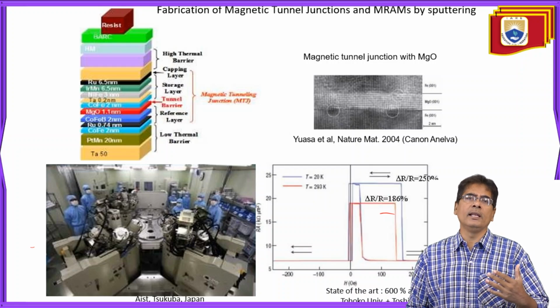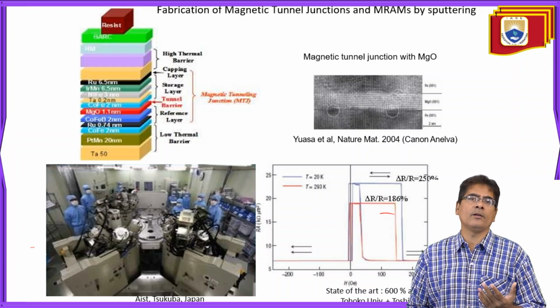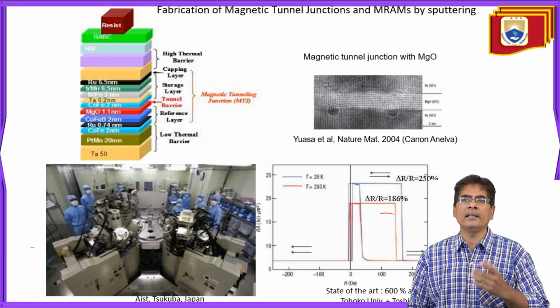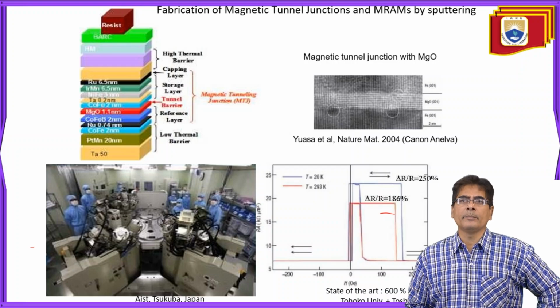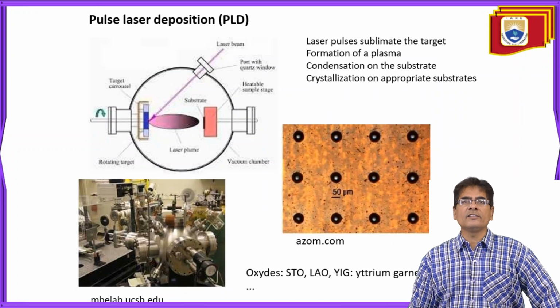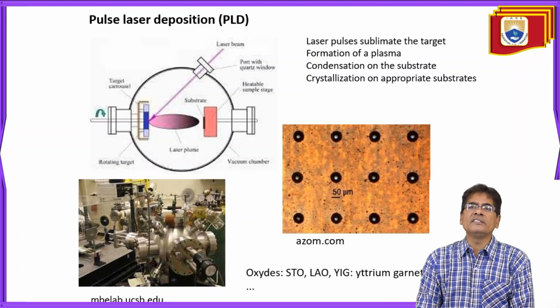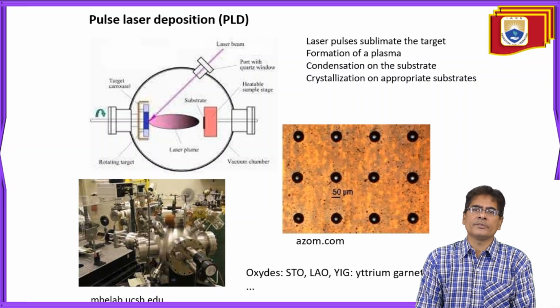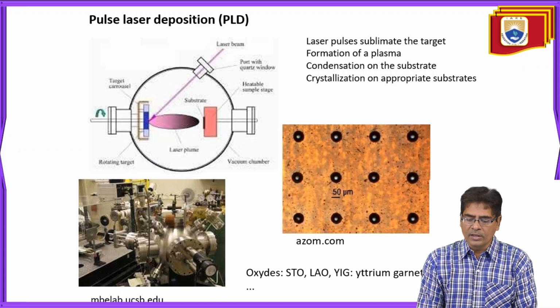Going layer by layer, we have low thermal barriers and refractory layers, tunnel barriers, storage layers, and high thermal barriers, where we can see the magnetic tunnel junction with magnesium oxide. In pulsed laser deposition, laser pulses ablate the target, plasma forms, and it condenses on the substrate, crystallizing on appropriate substrates.